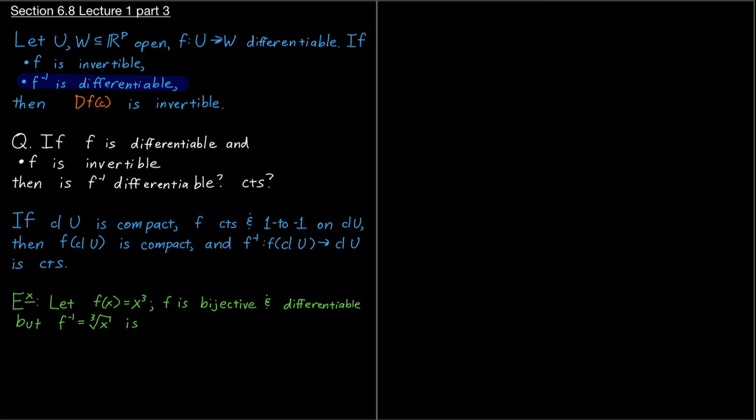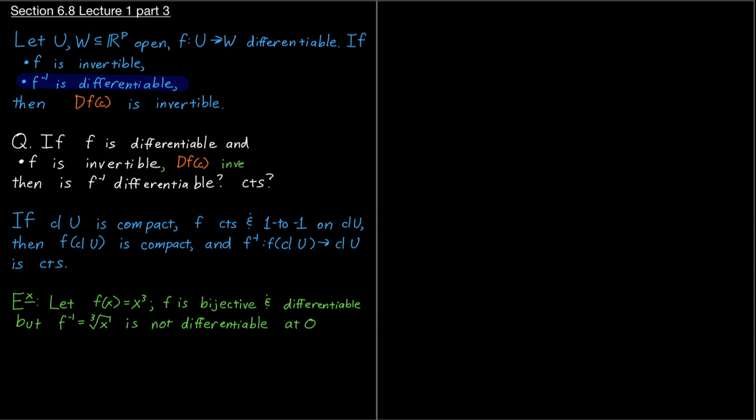The inverse is not differentiable at c at 0. So when we're going back to this question, we need to add another condition to it. We need Df of c, the derivative, to also be invertible.